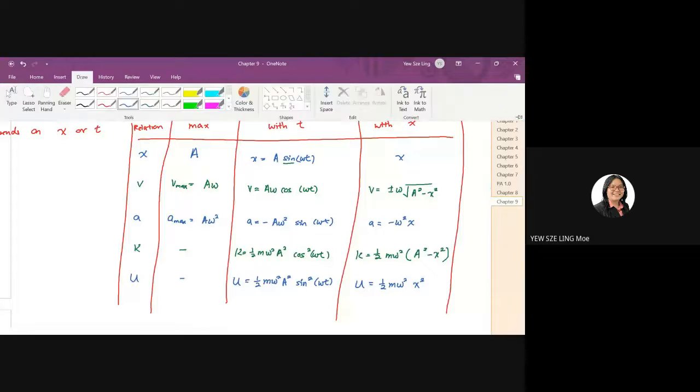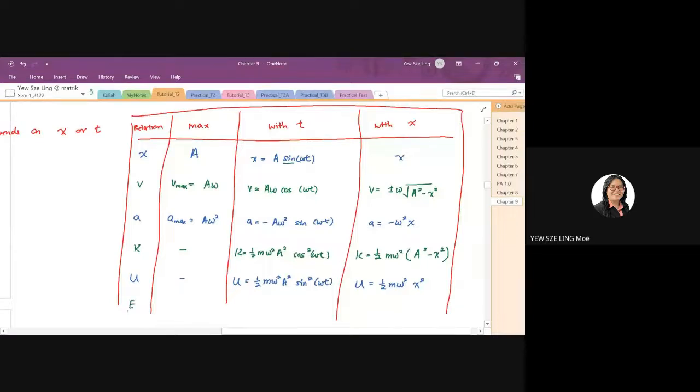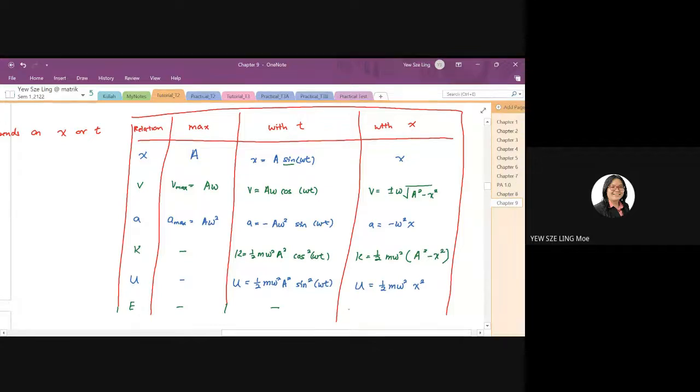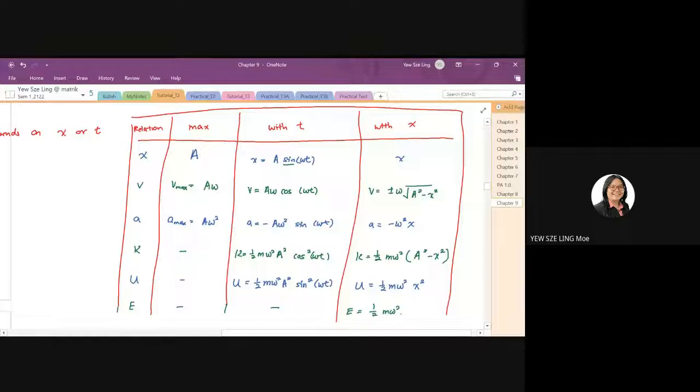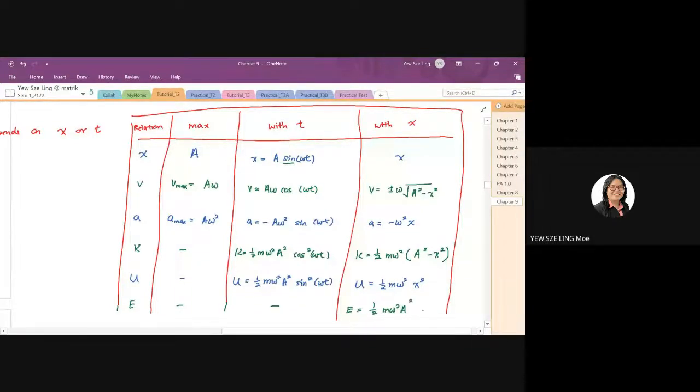And then the last one we have E. There is no such thing as maximum value because it's a constant value. We don't have equations with time, and we also don't have with x. But I'm just going to write it here: E is equal to 1 over 2 m omega squared a squared, or 1 over 2 k a squared.